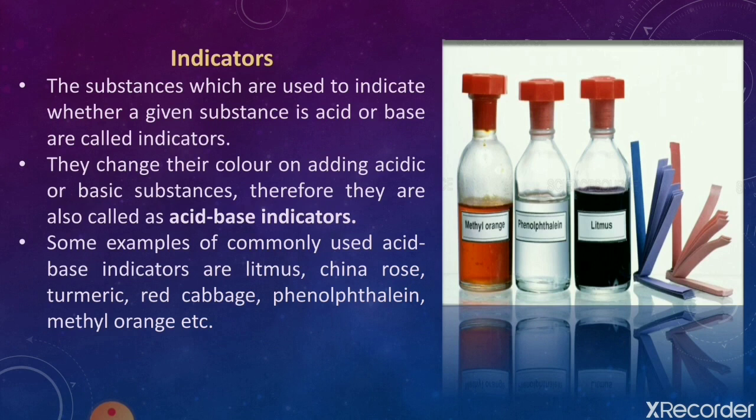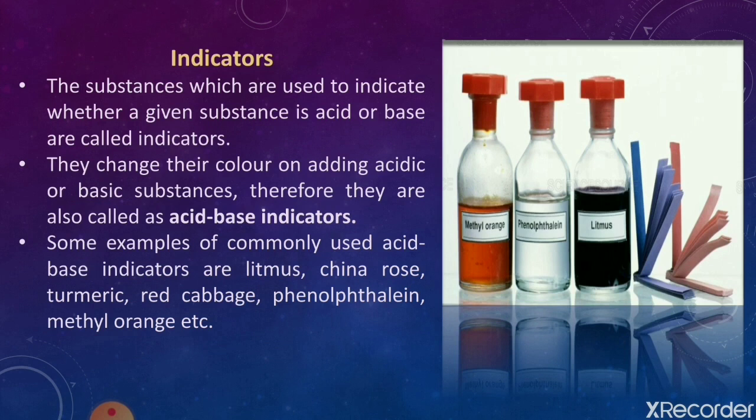The solution is the indicator. What is an indicator? An indicator is a chemical substance which is used to find out whether the given substance is acid or base. Indicators are substances which show quick or sudden changes in their color when they react with acids or bases.